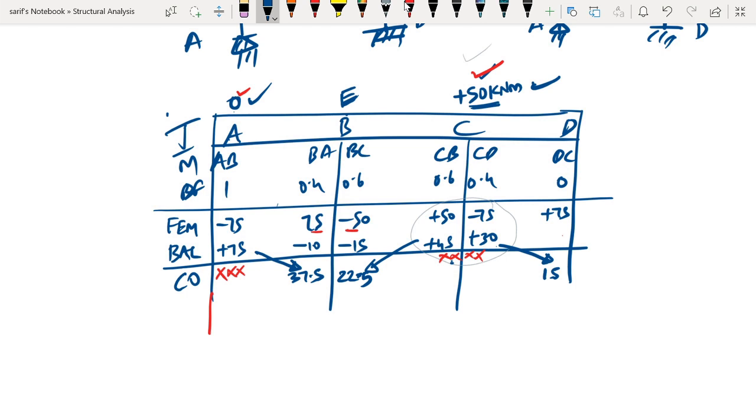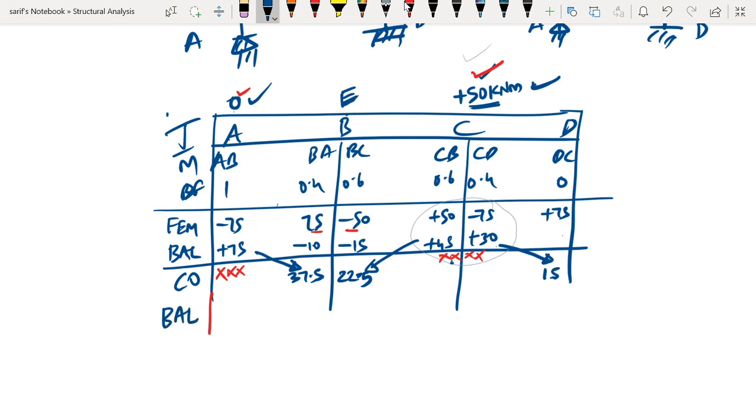What carryover has done is disturb the equilibrium. Once the equilibrium has been disturbed, we need to further do the analysis.